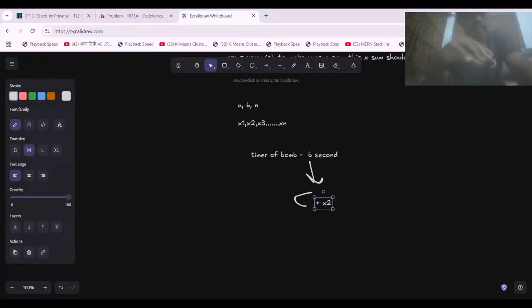So they are asking us to find the maximum seconds we can defer the bomb from exploding, or make the bomb not explode.